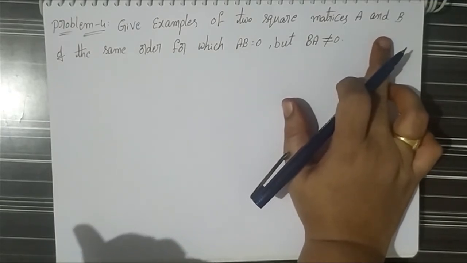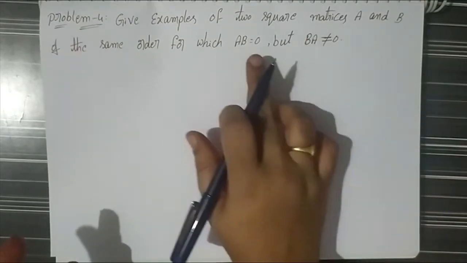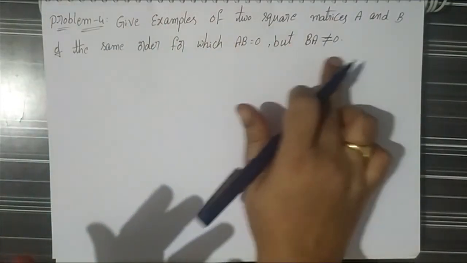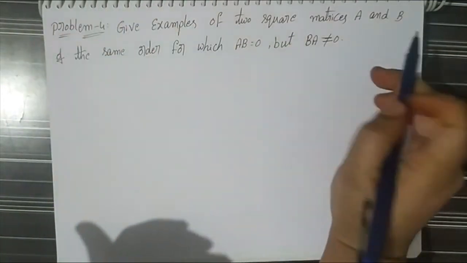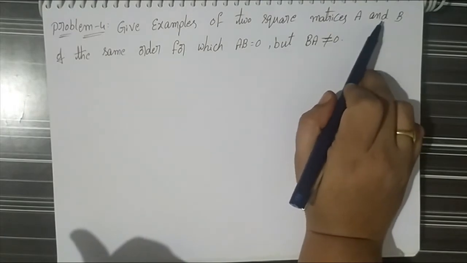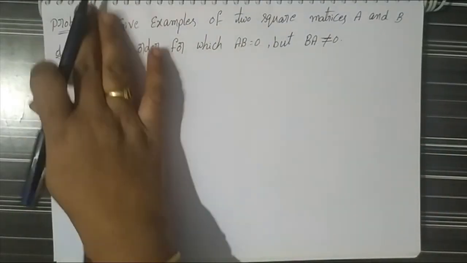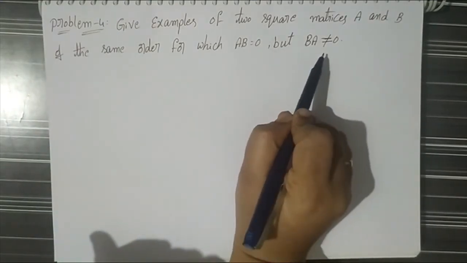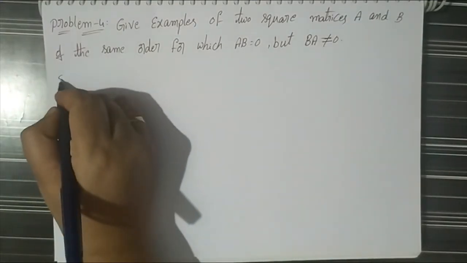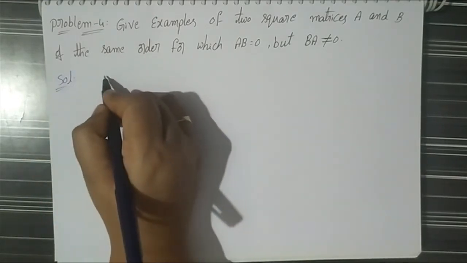The matrices should be such that AB equals 0 but BA is not equal to 0. If the matrices A and B are as follows, with AB equal to 0 but BA not equal to 0, then those example values are the solution.